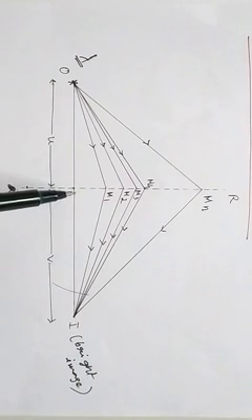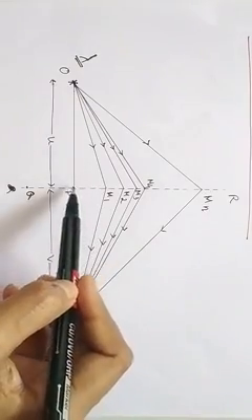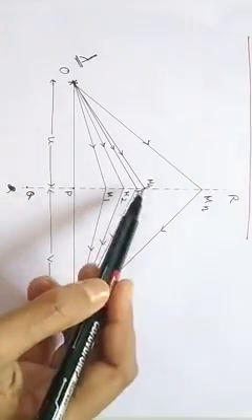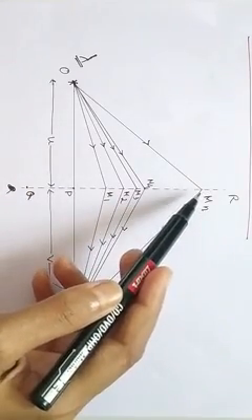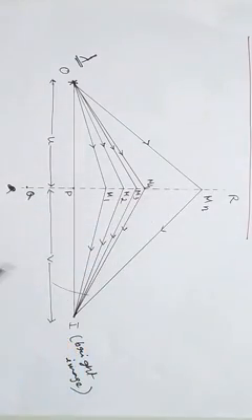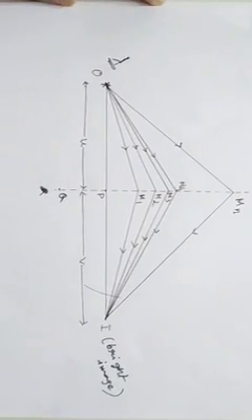So we have to draw a number of concentric circles, each with its center at P, and their radii are respectively PM1, PM2, PM3, PM4. In this way, the nth circle has a radius PMn.